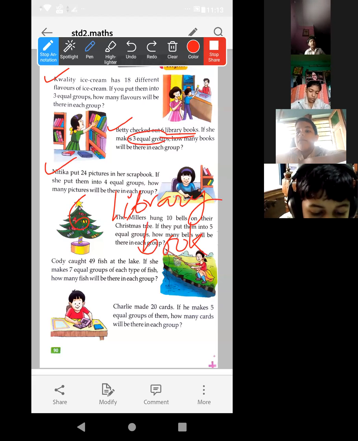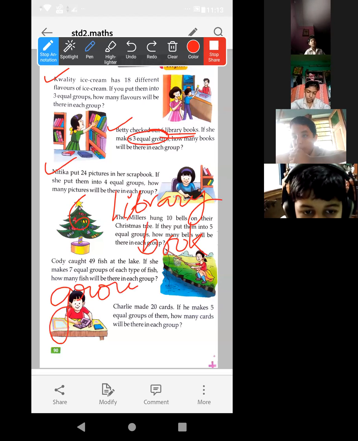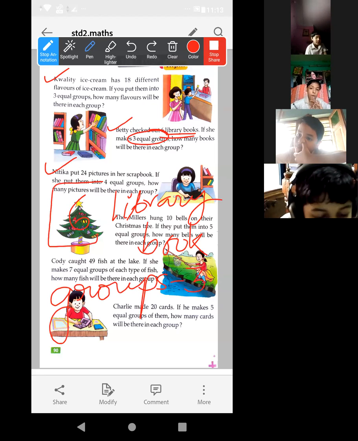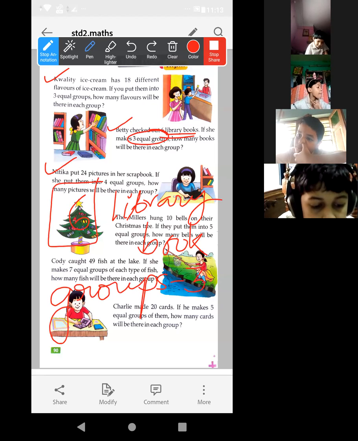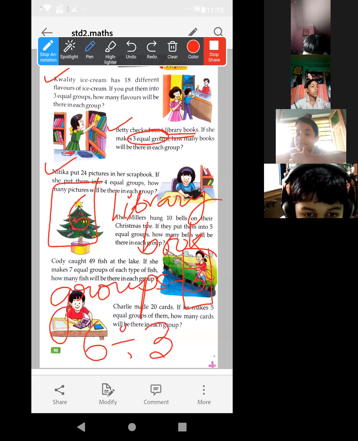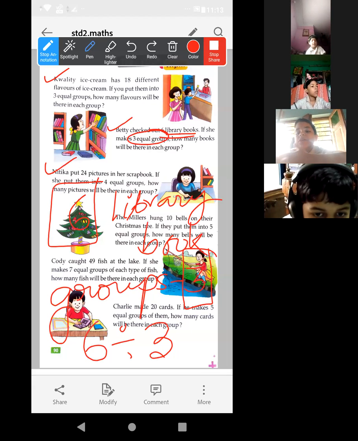Number of groups is 3. That means we have to divide this total number of library books by this total number of groups, 3. By 3 we have to divide this one. So we can easily find out the answer.